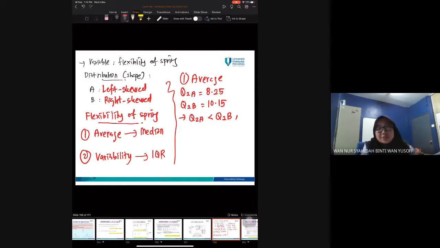So which one is more flexible, in your opinion? Even though we use the median, it is an average. We talk about the average. So the average flexibility of A is less than the average flexibility of company B. So which one is more flexible?